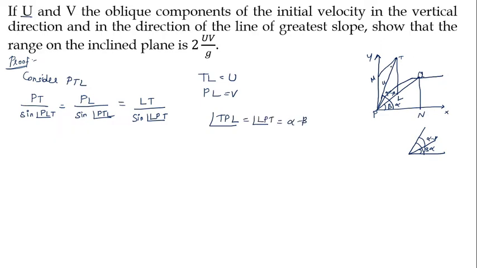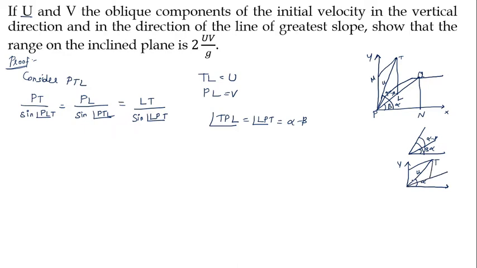Okay. And consider the perpendicular line, the vertical line, the inclined plane, and the angle of projection is alpha, it is U, right? It is T. The angle of projection is alpha, and this is your Y, and we are considering this is T, right? And PQ is here.